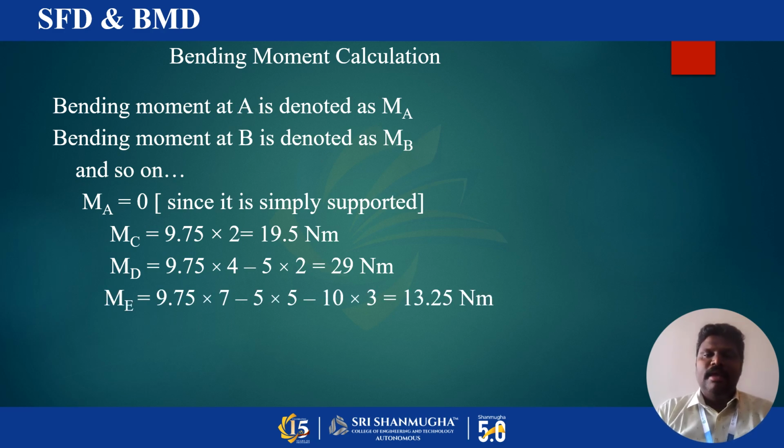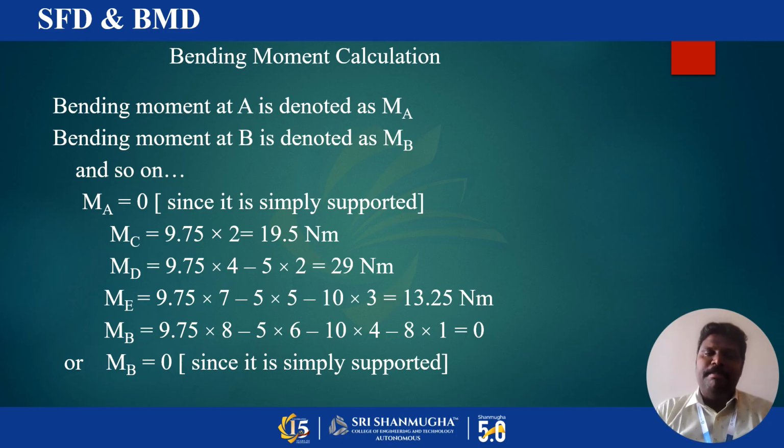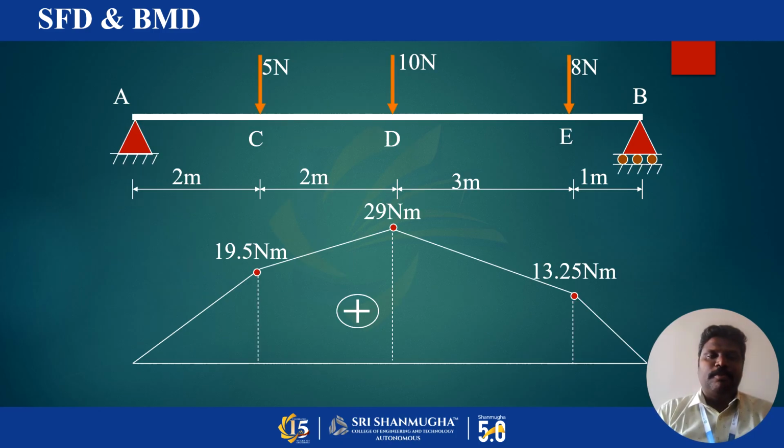Then for ME 13.25, MB is 0, and MA we have already taken as 0 because it is simply supported.